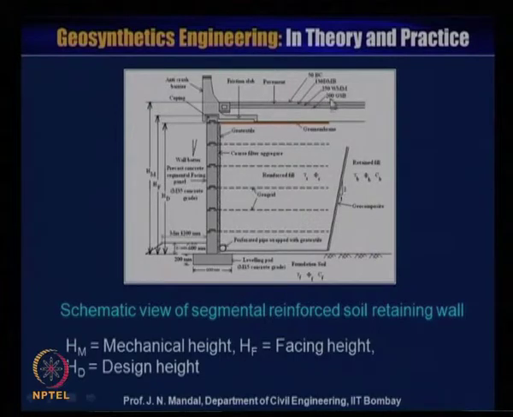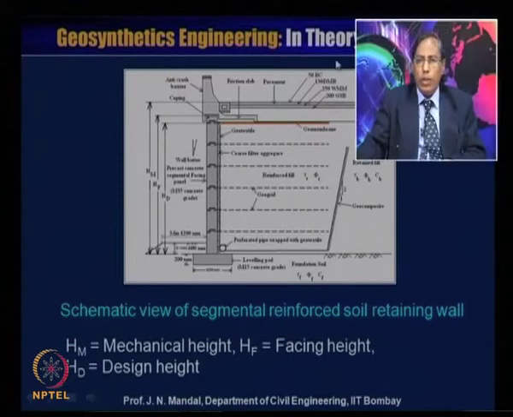So in a road, as usual, you know how to design the road, or you require the BC, bituminous concrete, or the DBM, dense bituminous macadam, or WMM, or the GSB. So you can design this.